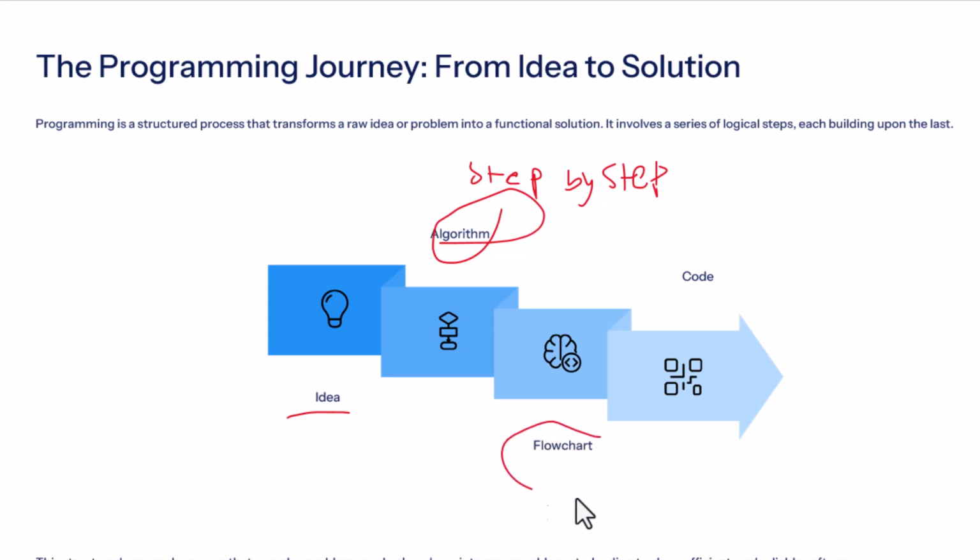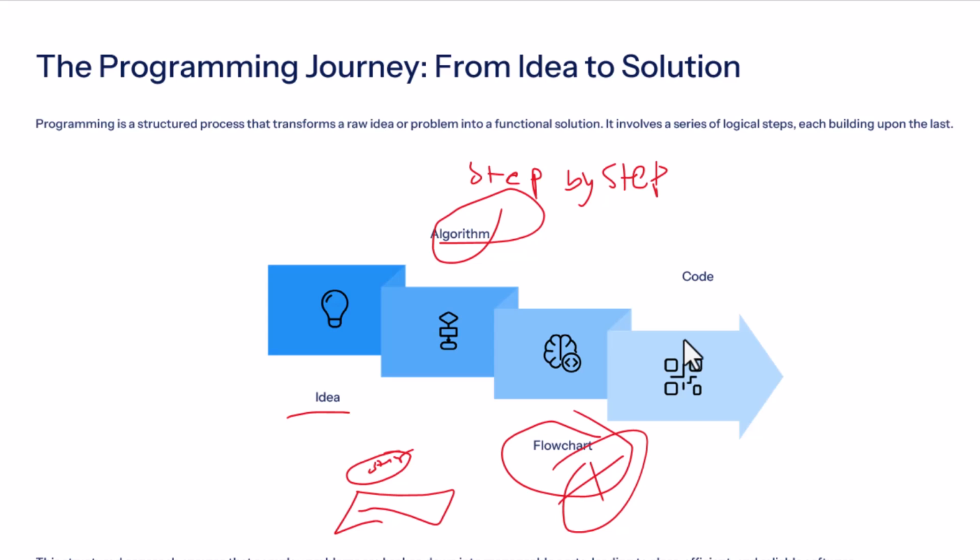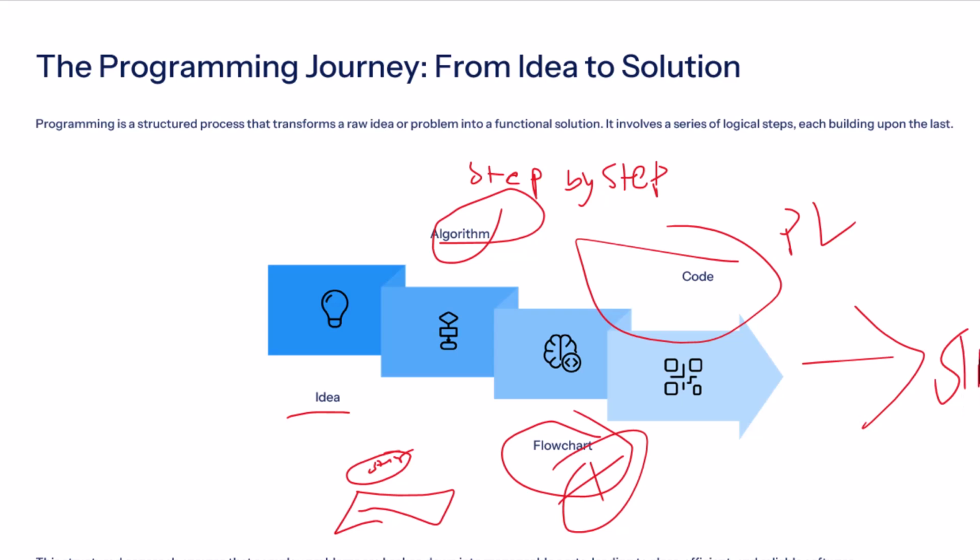And then we have the pictorial representation, which has the start. We have to represent the inputs, then the outputs, and then we end the program with stop. We are going to see all this, and then we come up with the code, and this is where we'll see the programming languages, and the solution that we need.